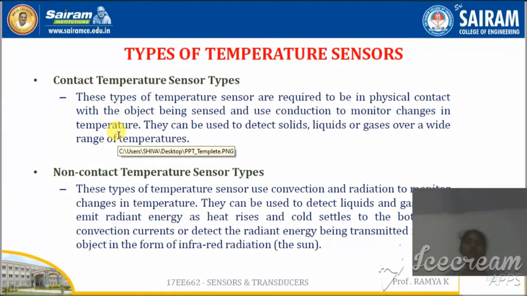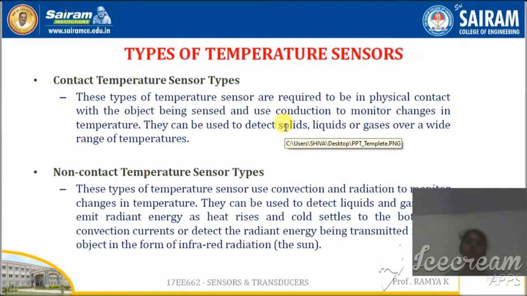So there will be a physical contact with the object where we need to measure the temperature, and whenever there is conduction, at that moment the temperature will get monitored. So they can be used to detect solids, liquids or gases over a wide range of temperatures.